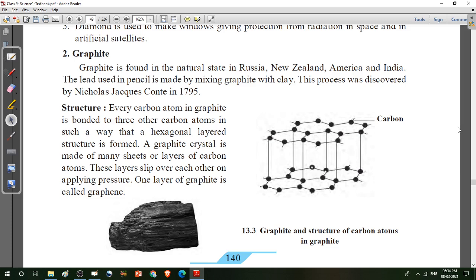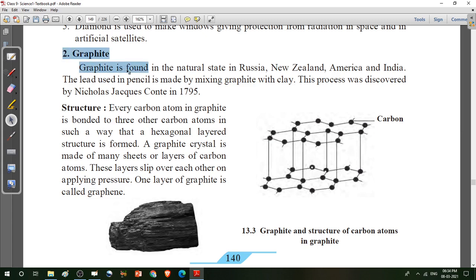There are two forms, the crystalline form of carbon and the non-crystalline form of carbon. In the crystalline form there are three examples: first is diamond, then graphite, and third is fullerenes. We studied diamond in the previous lecture, and today we will study the second example, graphite.